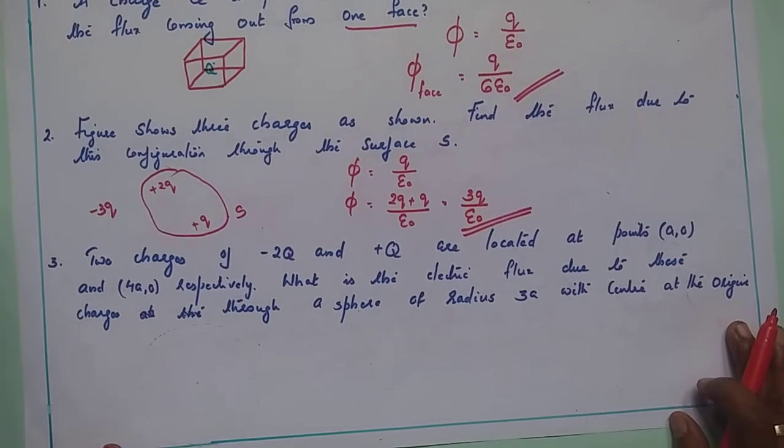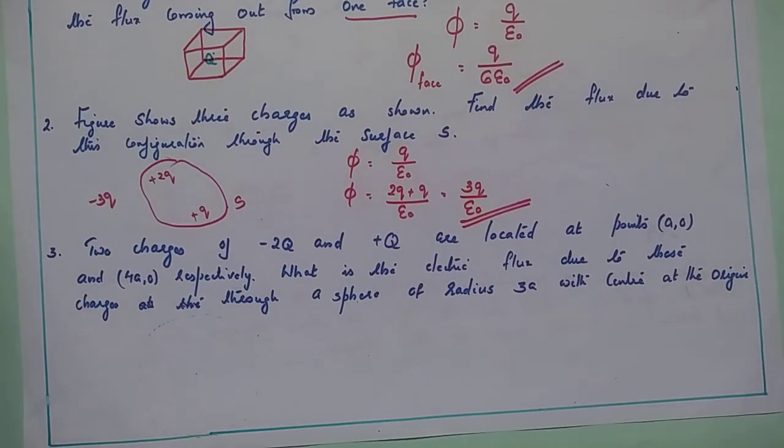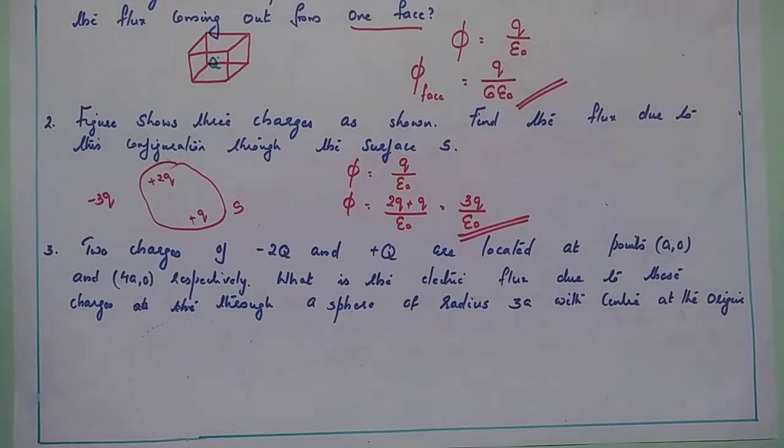2 charges, minus 2Q and plus Q, are located at the points A0 and 4A0 respectively. What is the electric flux due to these charges through a sphere of radius 3A with center at the origin? From the given information we can draw a figure.